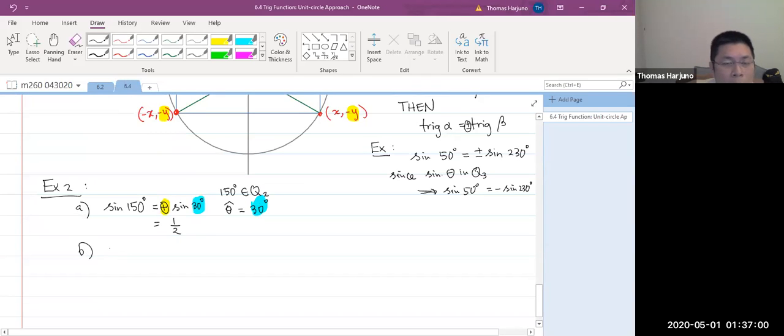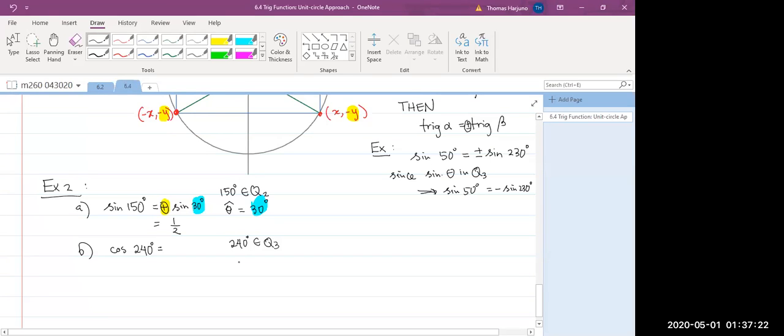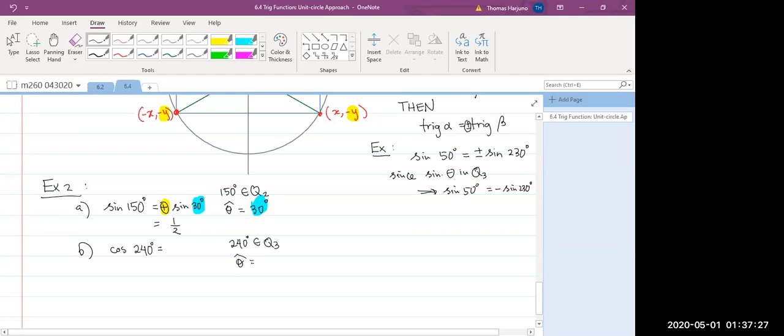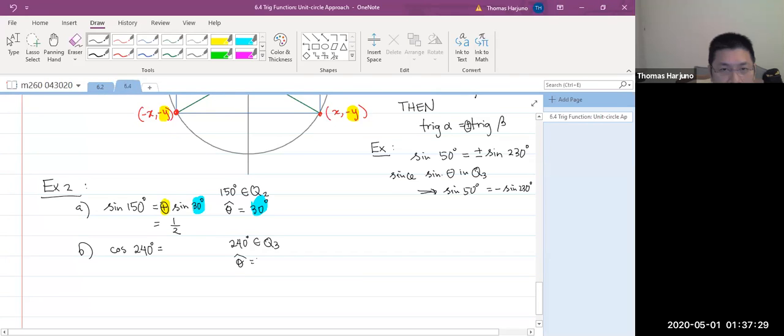How about, for example, cosine 240 degrees? Then we ask ourselves, 240 degrees is in which quadrant? Third. That's the third quadrant. And the reference angle is 60 degrees, 240 degrees minus 180 degrees.